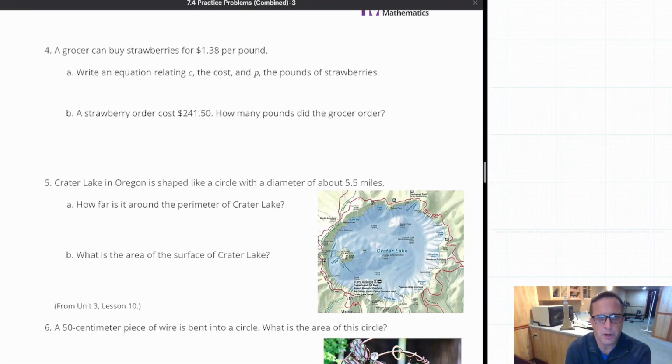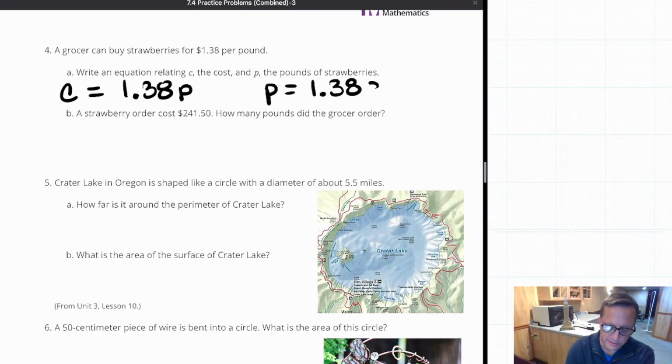If you don't know where you're going with it, just write it both ways and see which one makes more sense. So if I do C equals 1.38P, or maybe it's P equals 1.38C.